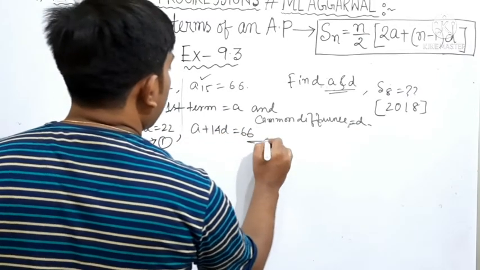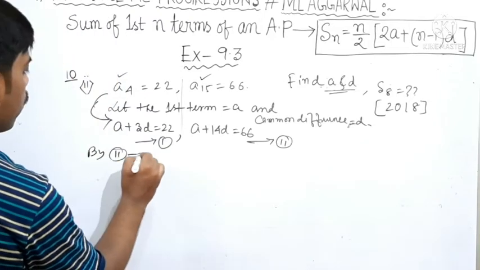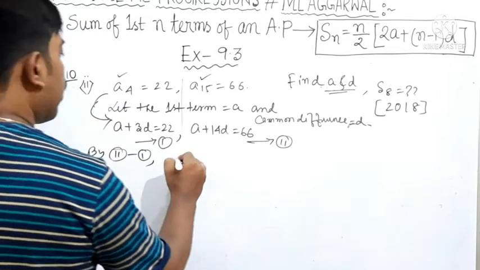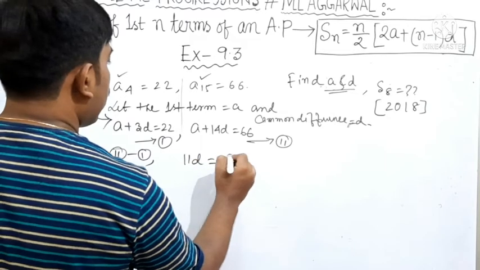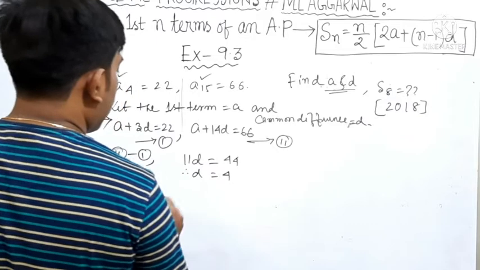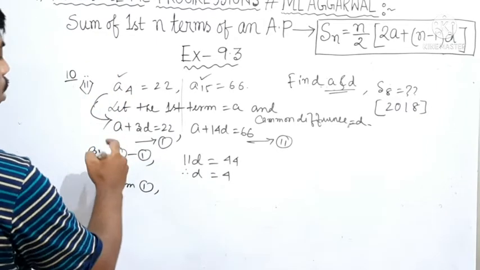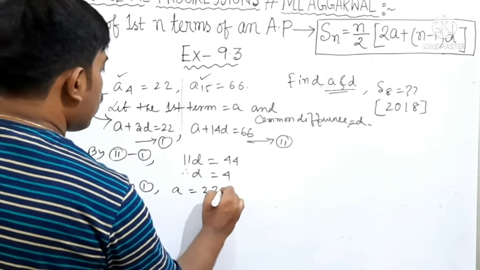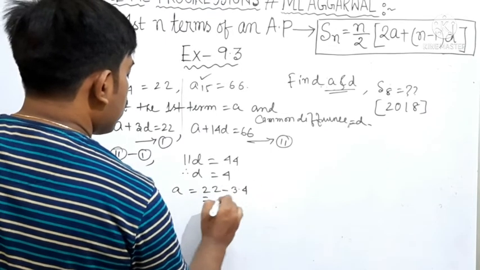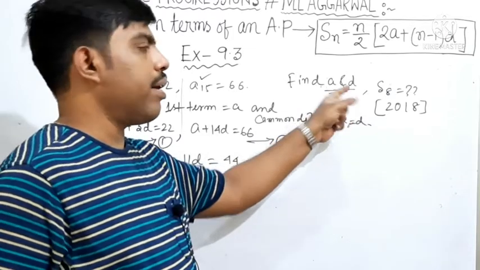This is equation number 1 and this is equation number 2. By equation 2 minus 1 you get 11D is equal to 44. Therefore D is equal to 4. From 1 you get the value of A is equal to 22 minus 3 into 4, so it will be 10. So we get the values of A and D.